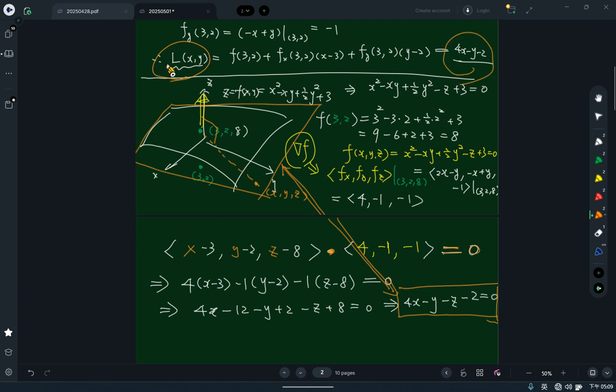If you regard L of x, y as z, right? z is equal to 4x minus y minus 2. So if you move the negative z to the right hand side, it will be z is equal to 4x minus y minus 2 as well.